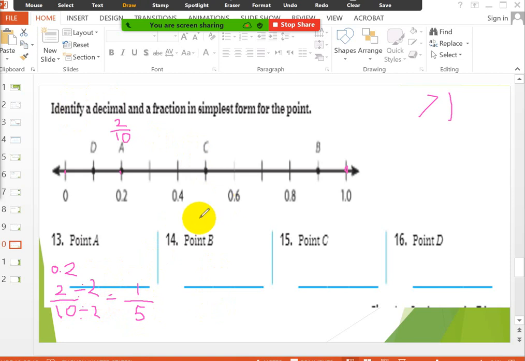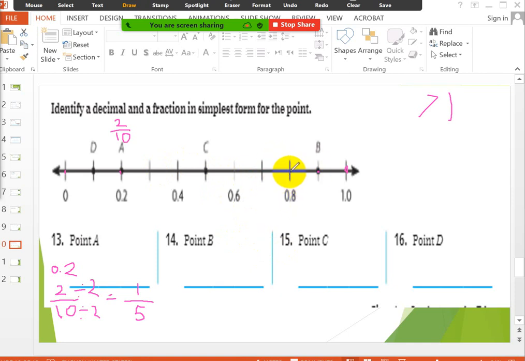Let's see point B. This is point B. What is the decimal right here? Okay, you can know it. How will I know it? Look, after 0.8. Okay, focus with me, Farah, please. Focus with me, girls. Don't focus on the chat, please.